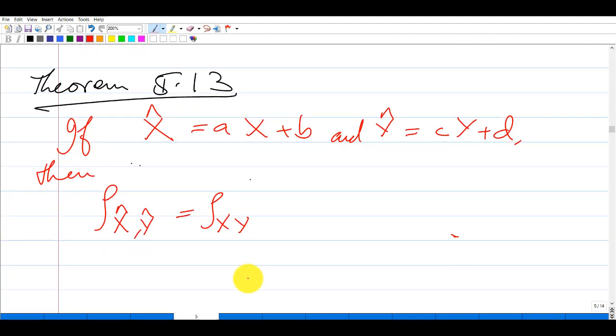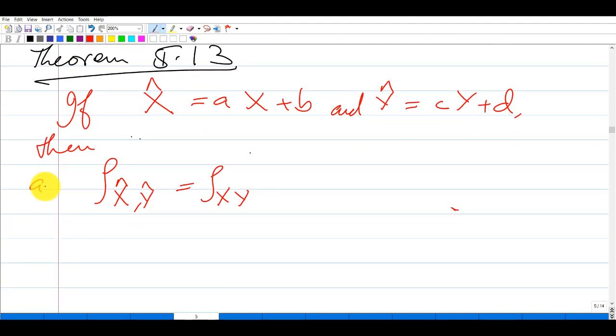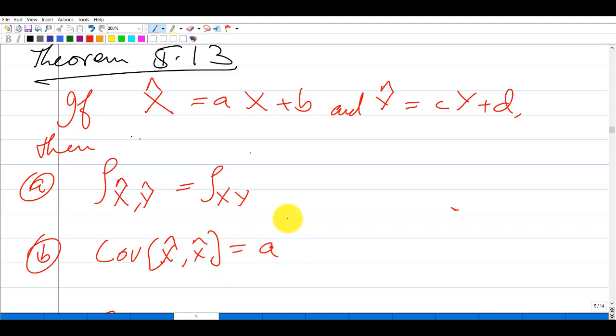Similarly, the covariance of x hat y hat will be equal to ac, the product of these constants, times the covariance of xy, because b and d are constants and their spread is not a meaningful value.